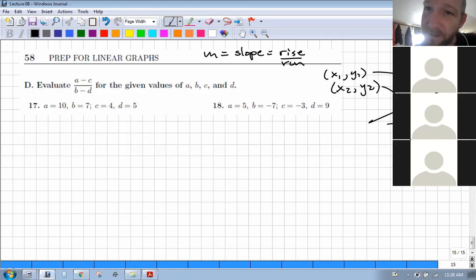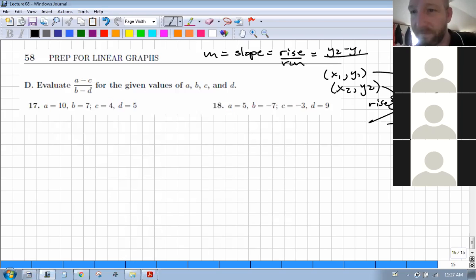Okay, the rise is, well, from here to here, right? This would be the rise. Well, what would the rise be? All right. It's the difference. We go from here to here versus here to here. It's the difference between the two. The rise would be y2 minus y1. It's the difference in the y values.